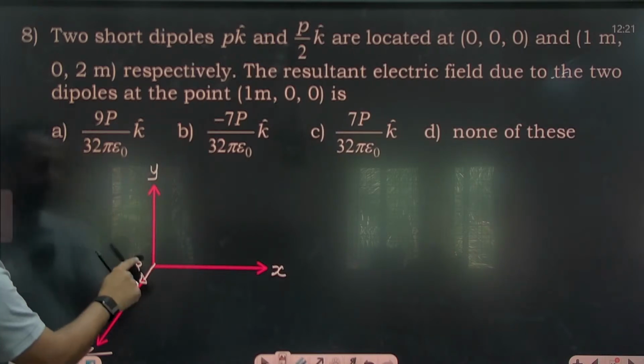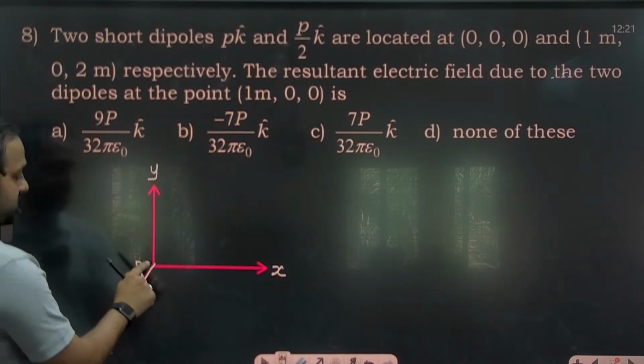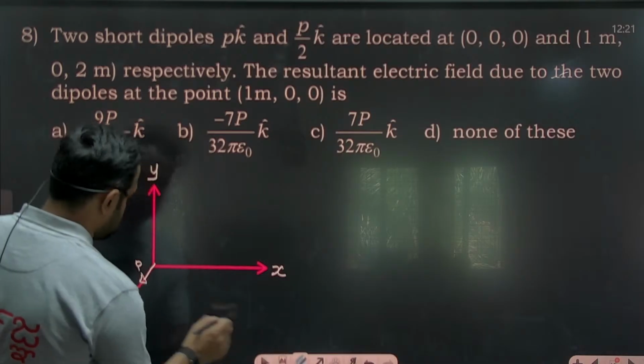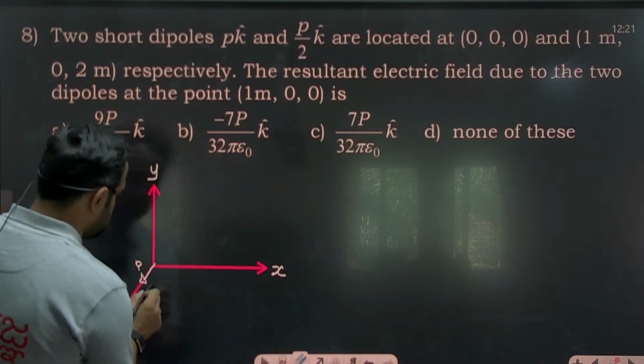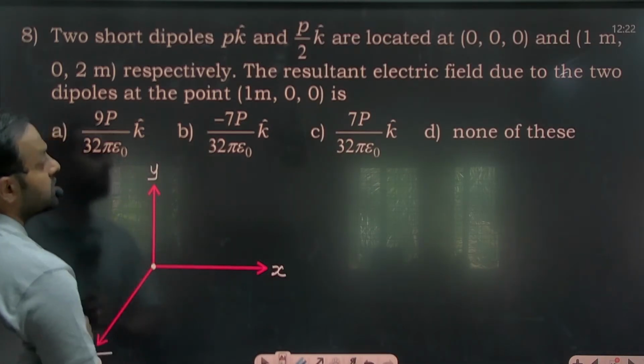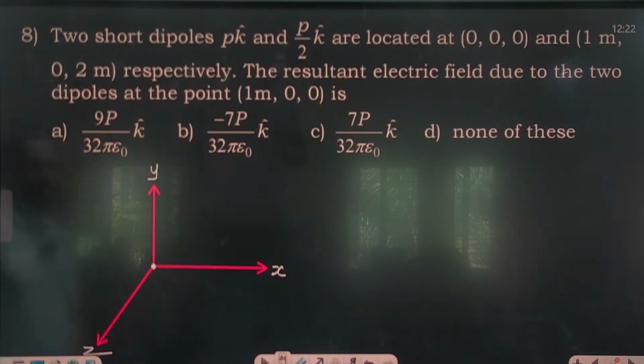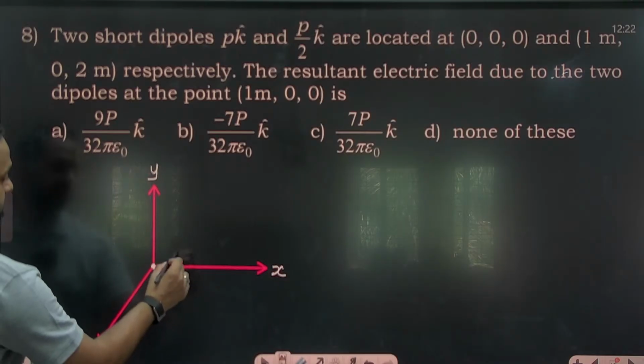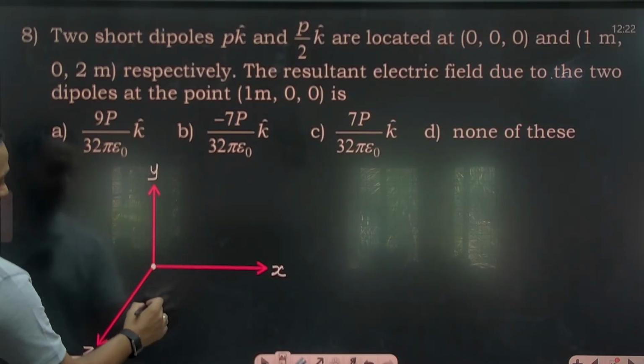Okay, 0, 0, 0, if it is here, where will 1, 0, 2 be? 1, 0, 2, somewhere here.